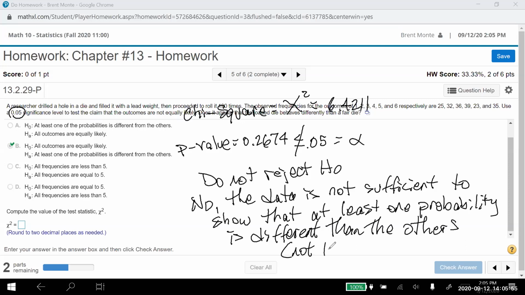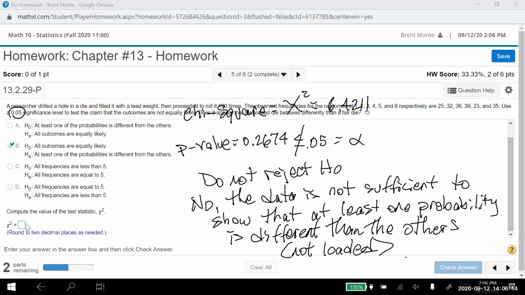So we can't show statistically that it's a loaded die. We say, you drilled a hole and put a lead weight in there, but it's not clear that it's behaving any differently than a regular fair die.